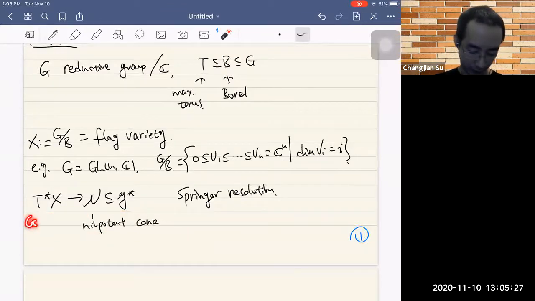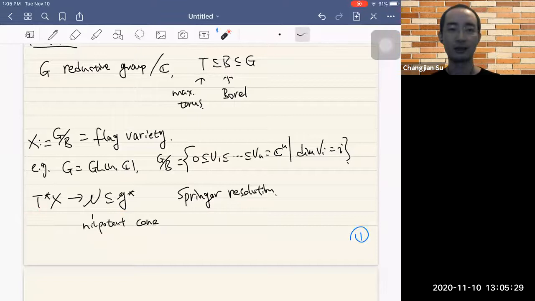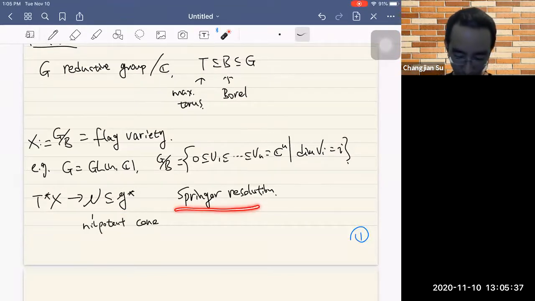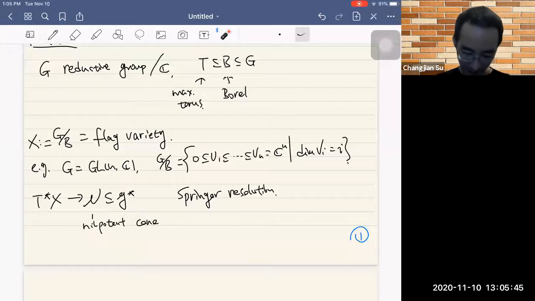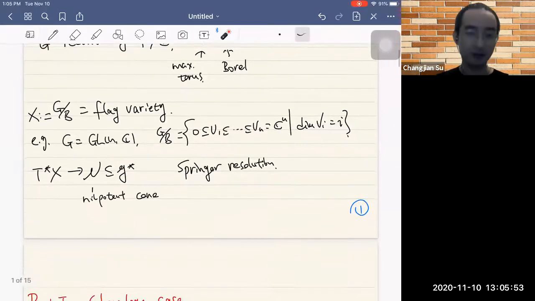The group G acts on the cotangent bundle, and this is a symplectic variety, and then you can just take the moment map. This is called the Springer resolution, and this is the most classical example of what are called symplectic resolutions. Anyway, my talk today is going to focus on this variety, although the general theory exists for general symplectic resolutions.